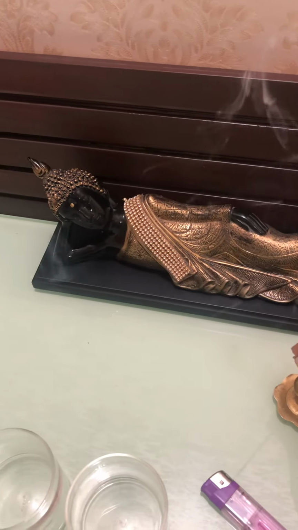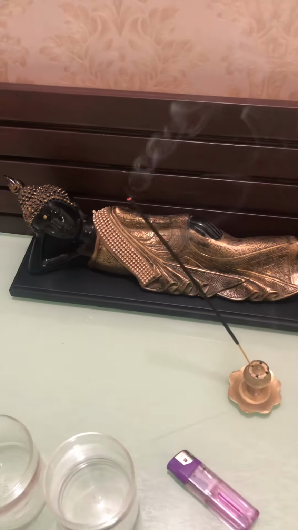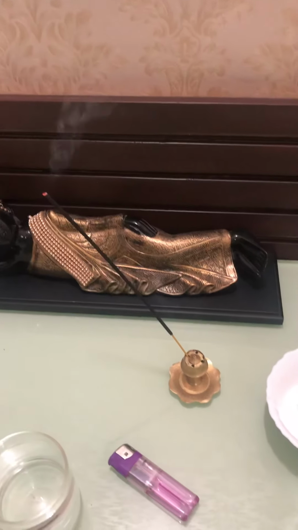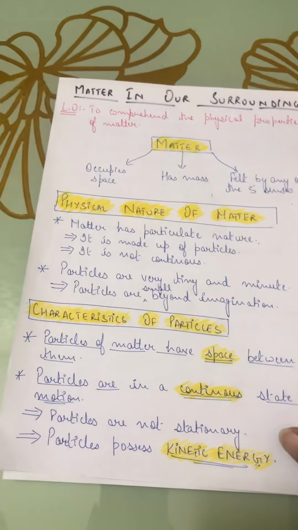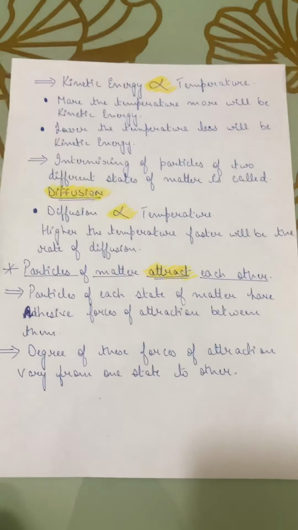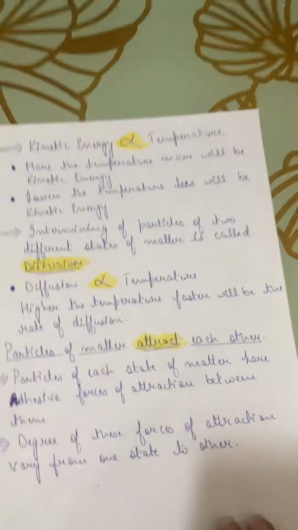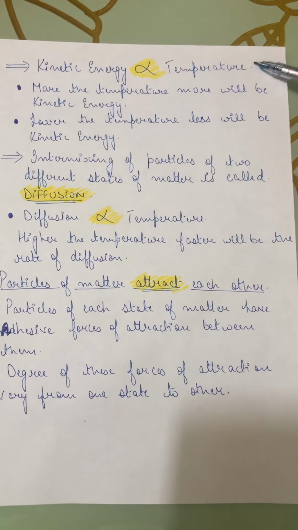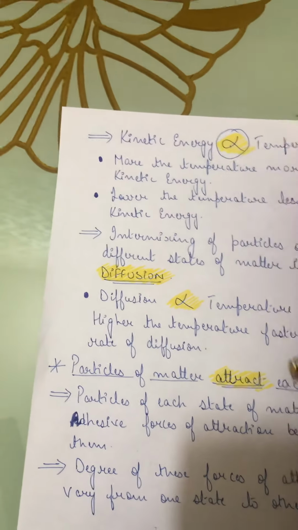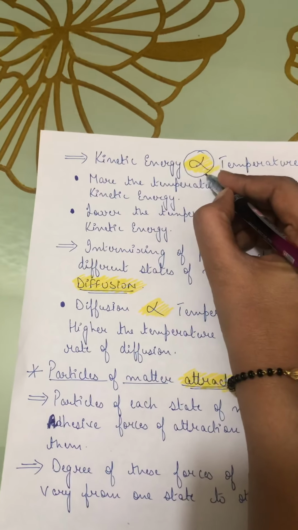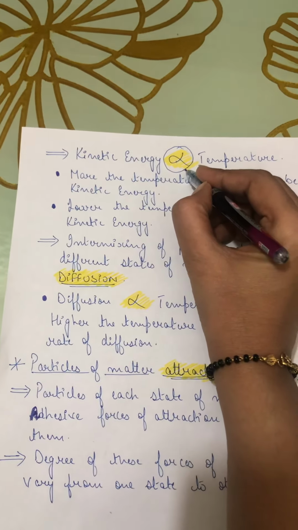Now this incense stick is burning. You sit anywhere around the house and you will be able to smell it. This is because of the kinetic energy. There is a relationship between kinetic energy and temperature. Temperature and kinetic energy are directly proportional to each other. You can see a sign here. This sign stands for directly proportional.